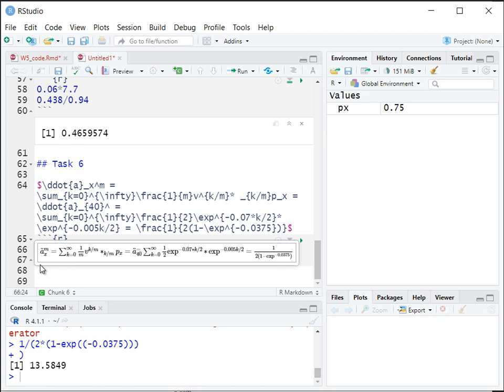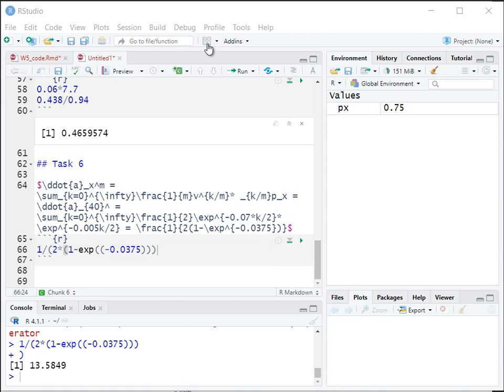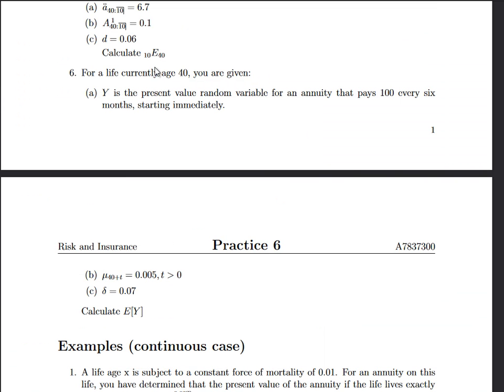So once we applied everything here, we have initially a double dot 40 with superscript 2, which is 13.5849, and the expectation here will be as given in our practice, so that we pay 100 every 6 months.